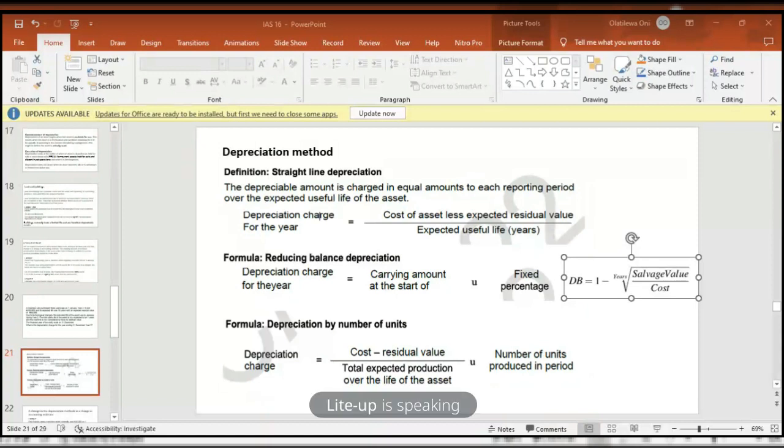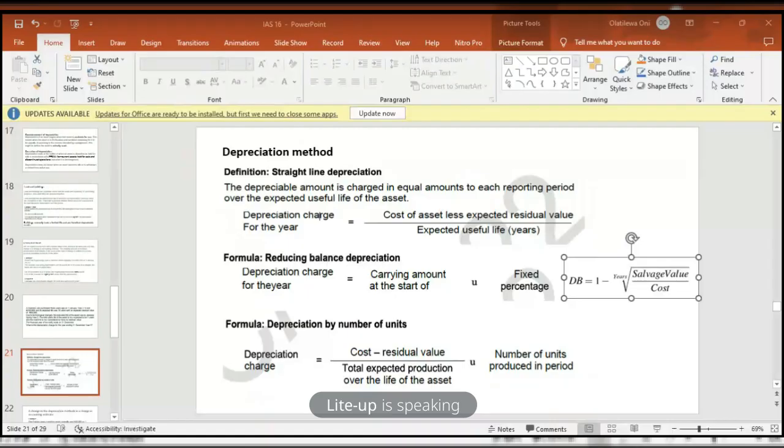They will give us the depreciation rate, let's say it's 20%. So we are going to be charging this 20% on top of this amount. But by the time we get to the last year, the last life of the asset, that's when we remove this residual value from whatever remains.